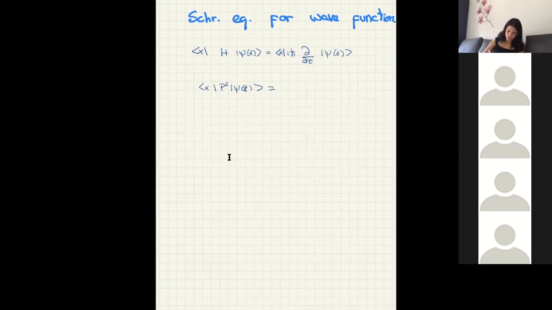Okay, so then we get d squared/dx squared of psi of x and t. Where here I just made the dependence on x explicit. I didn't change the state, it was still the same state as before.